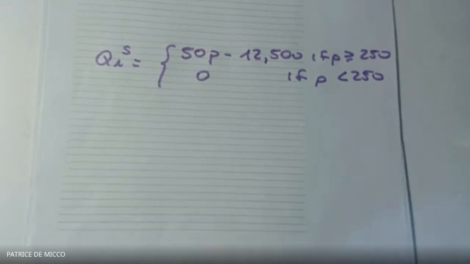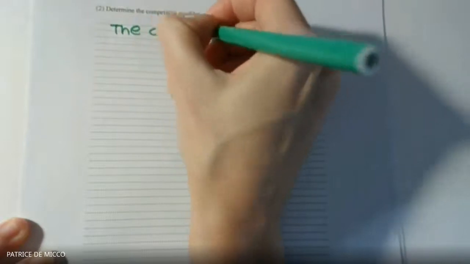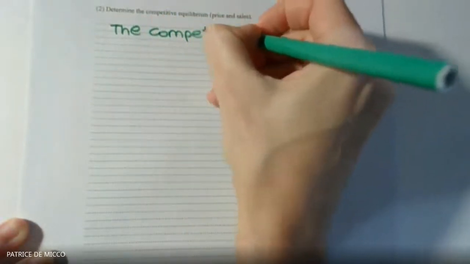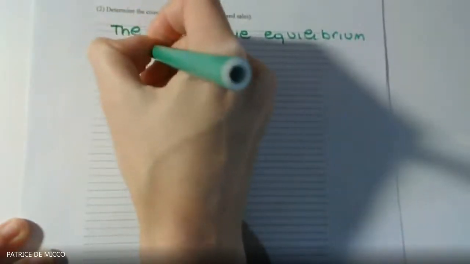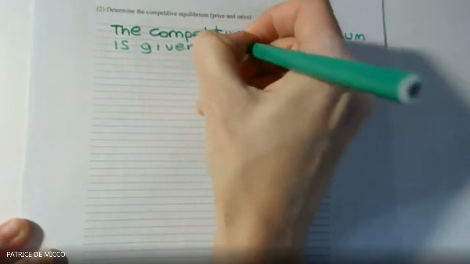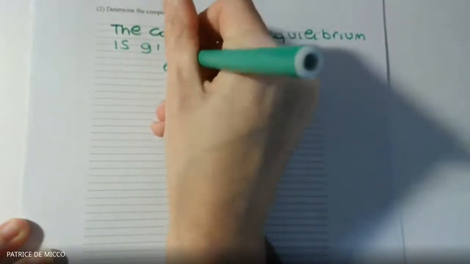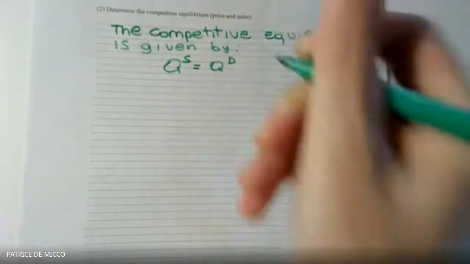We move on to point 2 of the exercise, where we are asked to determine the equilibrium quantities in terms of price and sales. So the price and the quantity, okay? So we know that the competitive equilibrium, again, the externality is not taken into account yet. It will be later on, don't worry. The competitive equilibrium is given by quantity supplied equal to quantity demanded.